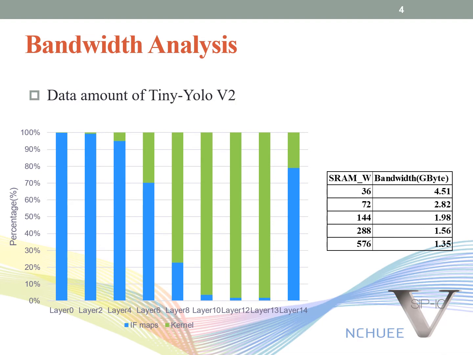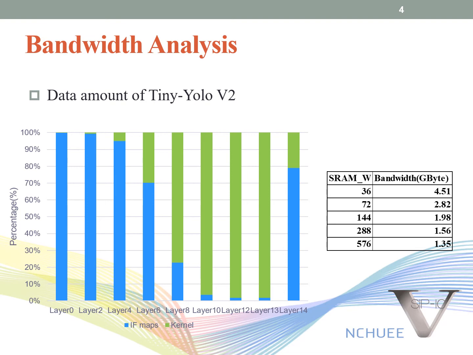In order to design a CNN hardware accelerator suitable for tiny YOLO V2, we first analyze the data volume of each layer, and we find that the size of the input decreases as the number of layers increases, and the weight is the opposite.